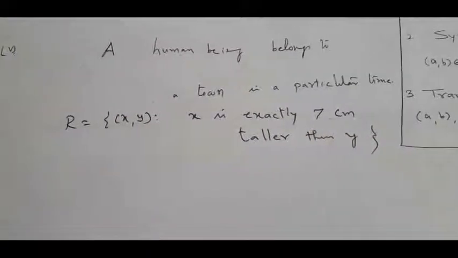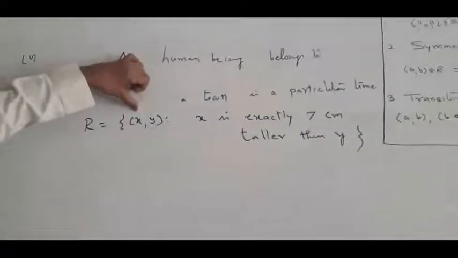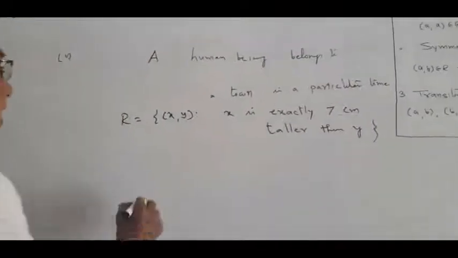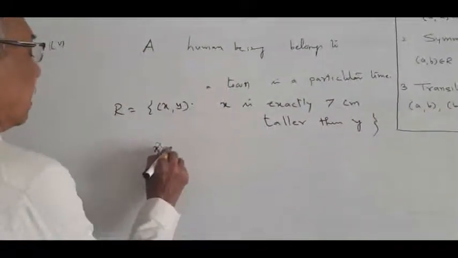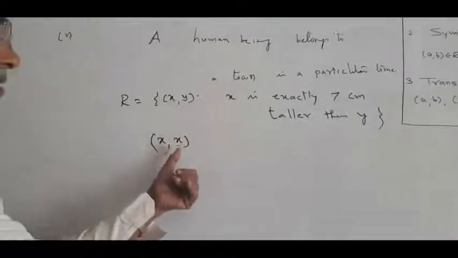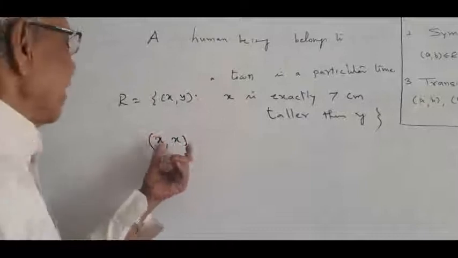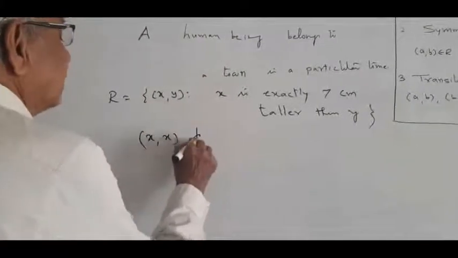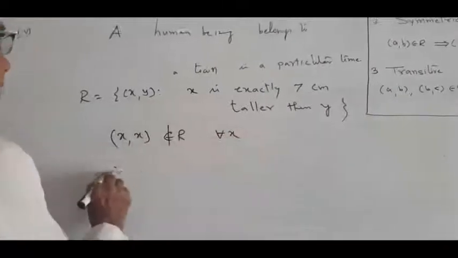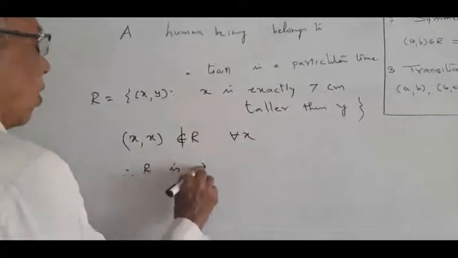Right? When (x, y) belongs to R, when x is taller than y by 7 centimeters, then naturally x is not taller than x. X is not taller than x, which means (x, x) does not belong to R for every x. Therefore, R is not reflexive.